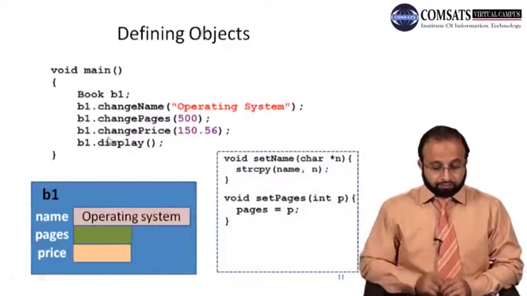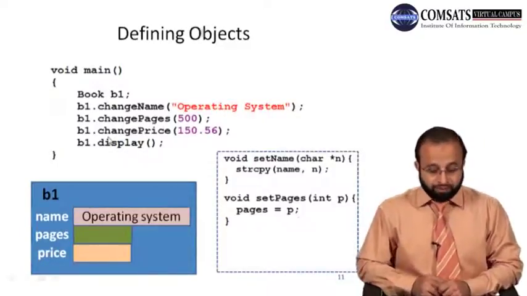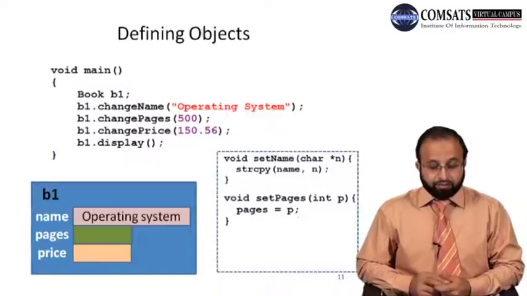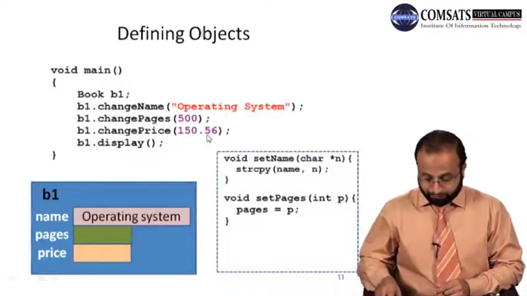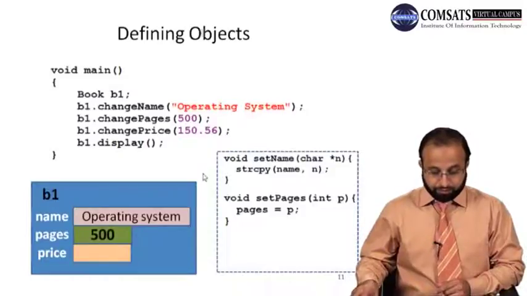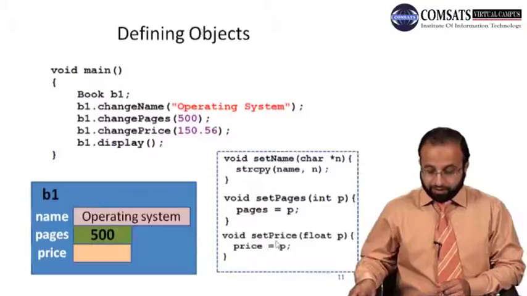Then on the fourth line there is a function b1 dot change price. You are passing some value to that function, and this is the function set price. You're passing 150.56.